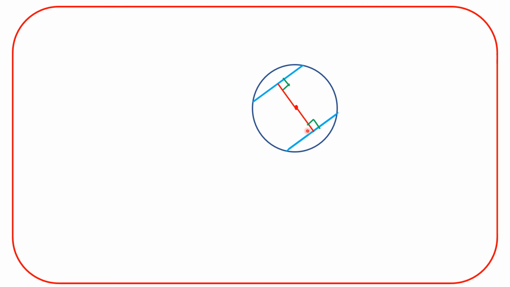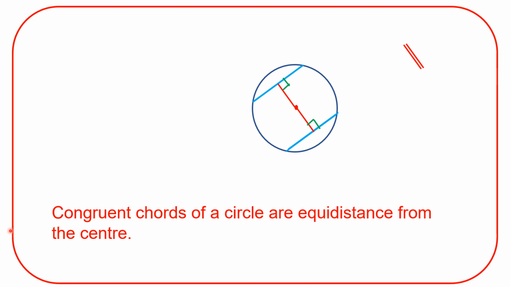Now this is the distance from the center of the circle to the chord. What is the relation between these two segments? Observe carefully. I remove these two segments. What happens? These two are also of equal length. From this, we conclude the property: congruent chords of a circle are equidistant from the center of the circle.